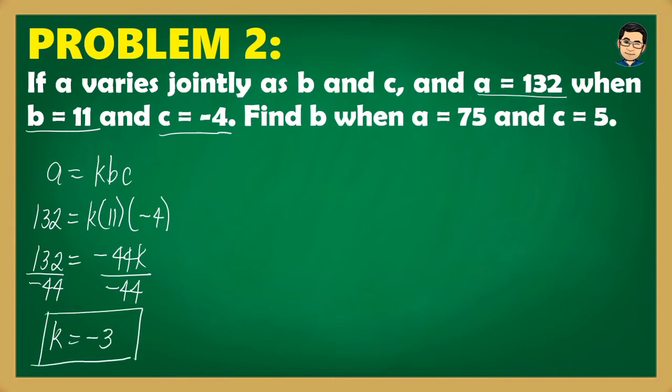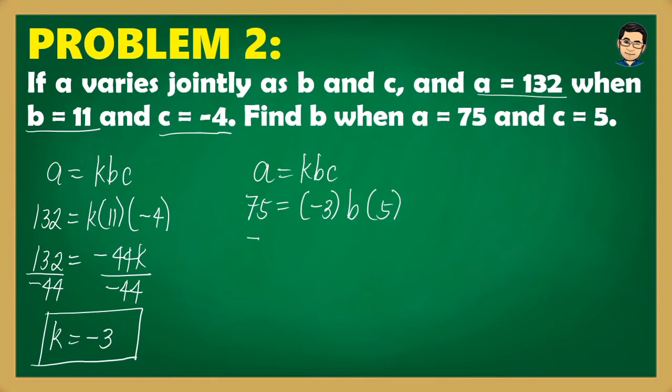Ayan. Next, find B when A is equal to 75 and C is equal to 5. Sulat na natin ulit yung A is equal to kBC para makita natin na B ang hinahanap. So, the value of A is 75 equals the value of k, that is negative 3, and then yung missing variable natin, B, and then times C, which is 5.